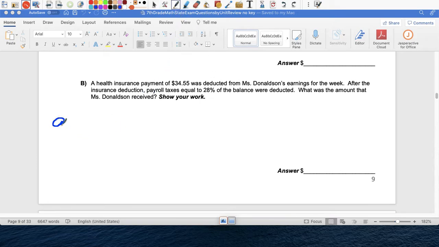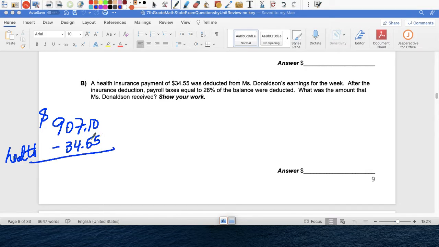It's 907. So this is how much she earns, right? From that amount, they took health insurance. So you have to pay for health insurance. It's 34.55, so we're going to subtract that. 907.10 minus 34.55. So now her paycheck looks like this.